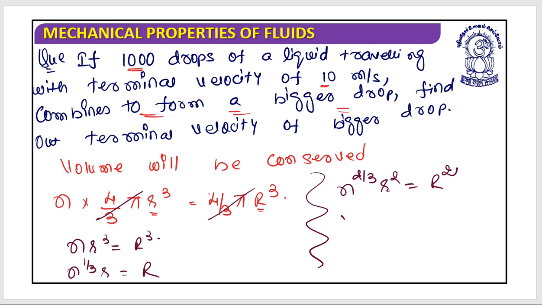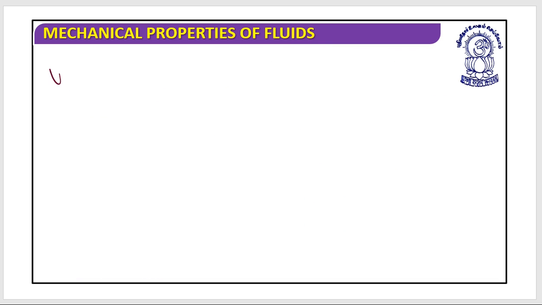Now, the terminal velocity of the smaller drops is 10 meter per second. I need to find out the terminal velocity of the bigger drop. So if I take a ratio of these two, it's Vt2 divided by Vt1, where 2 is the newer drop and 1 is the older drop.